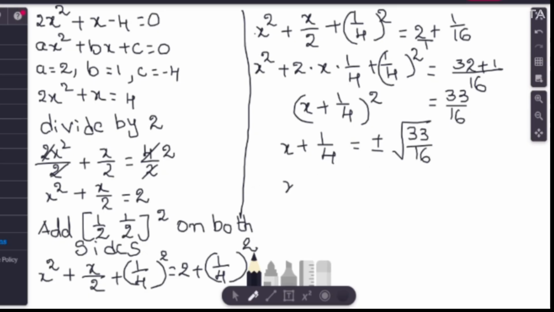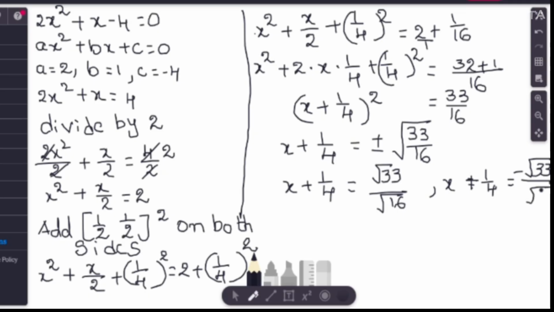Now x plus 1 by 4 is equals to plus root 33 by root 16. One time plus you have to take, one time minus you have to take, because a quadratic equation have at most two roots. At most two roots. X plus 1 by 4 is equals to minus root 33 by root 16.